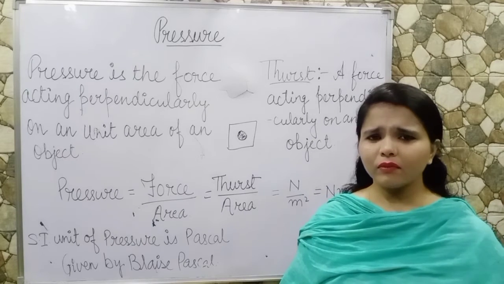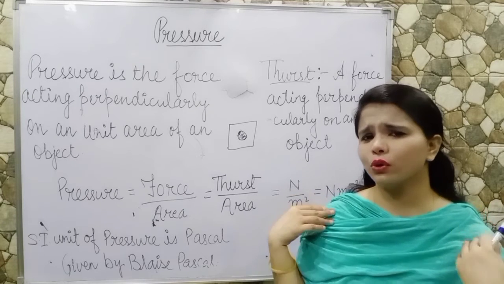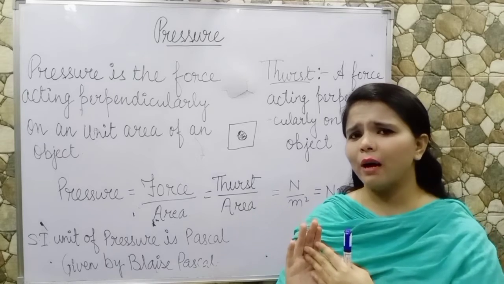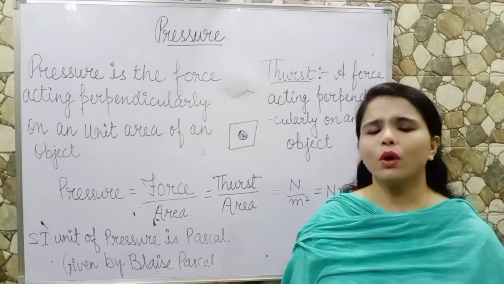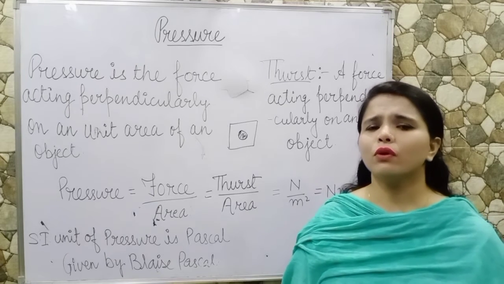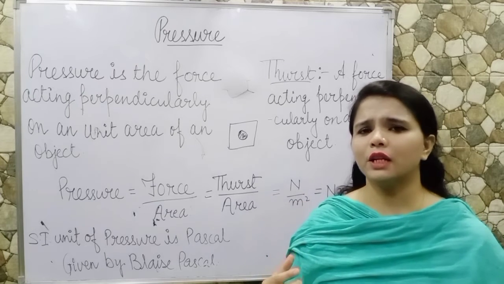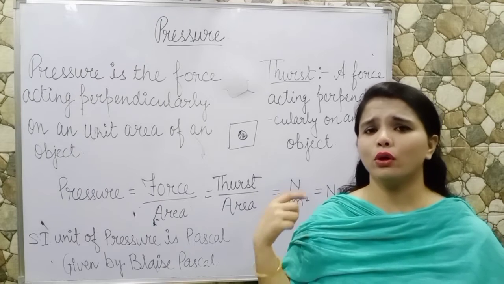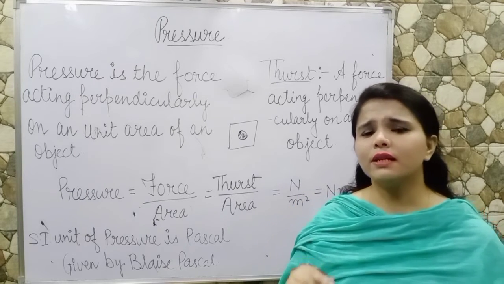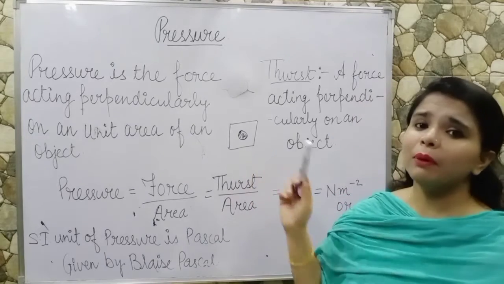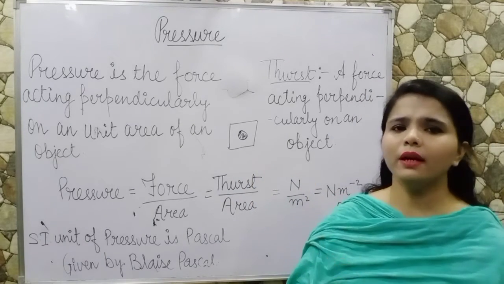So basically there is a force on your shoulder and a force on your palm per unit area. You don't have force on your whole body. You have a force on a particular area, that is pressure. A particular area on your shoulder, on your palm, right? So pressure is the force acting perpendicularly per unit area.